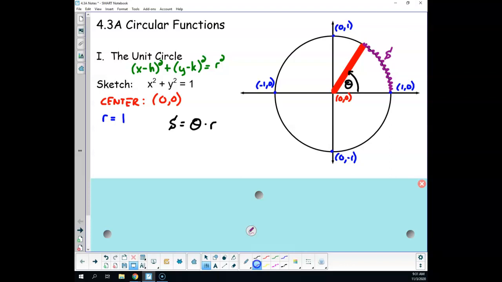And so if I call my arc length T, we'll call that T our wrap value, if you will. Let me get this in here, and so that's our T axis.